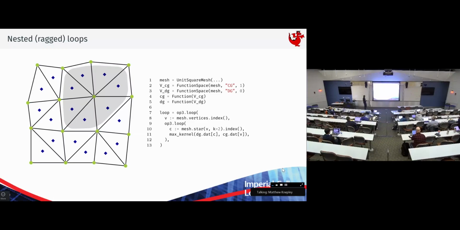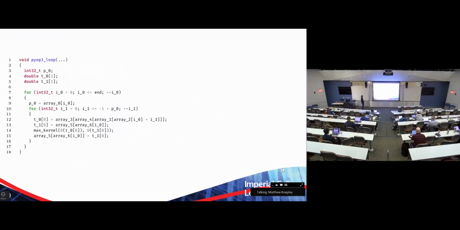And this works. So the generated code looks like this, where pretty much the only thing that really matters here is you can see we have these two loops, but this inner loop has a variable extent where P0 comes from this input array that tells us the arity of the map.